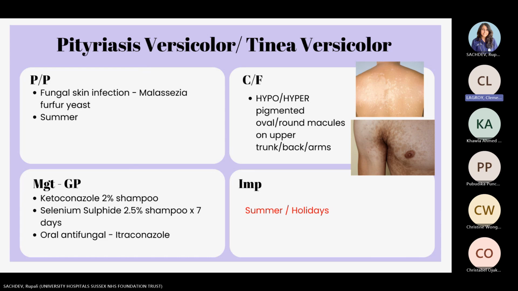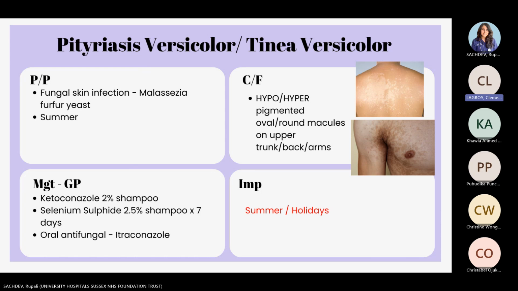It's very common in the summer especially, and people will notice it because they get a bit of a tan, and then they've got that discoloration that you can see for the clinical features on the right. So you've got hypo or hyper pigmentation. The macules can be oval, round, they can be scattered independently, or they can fuse and cause larger areas of pigmentation, and mainly on the upper trunk, back, and arms.